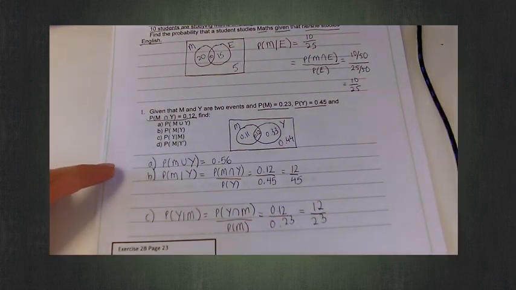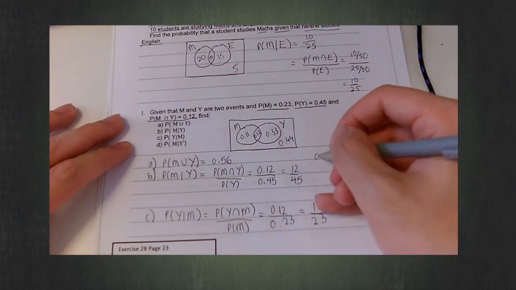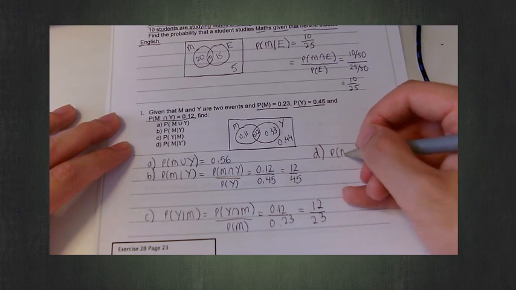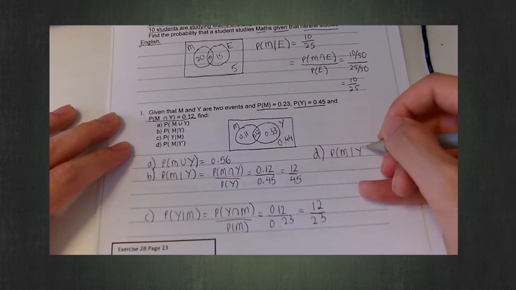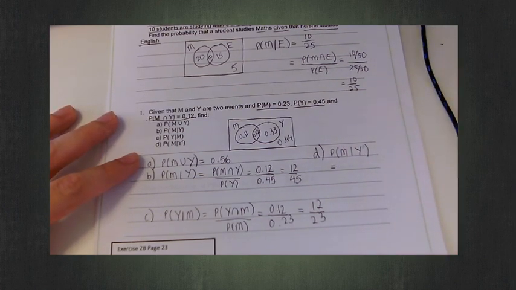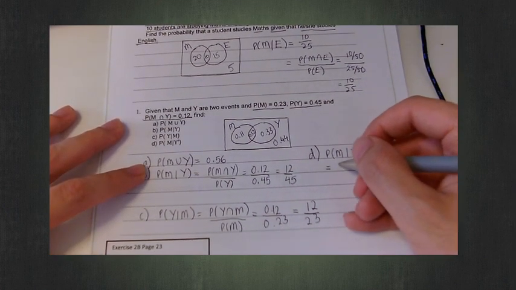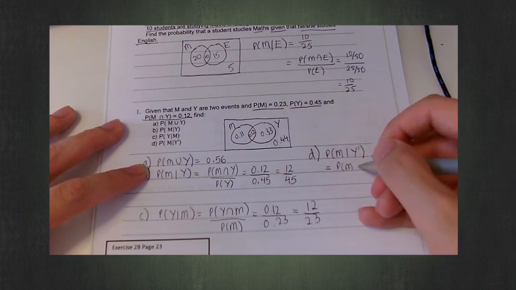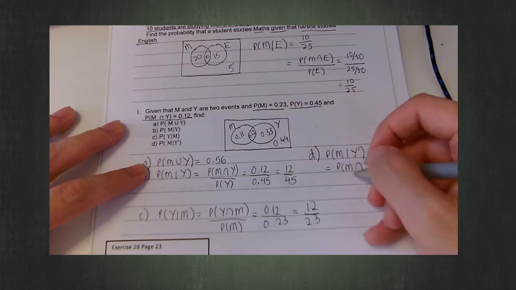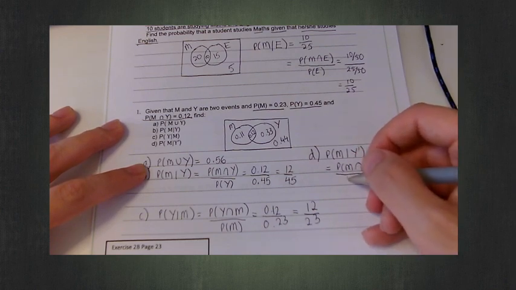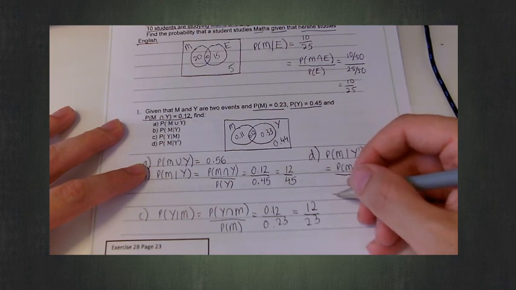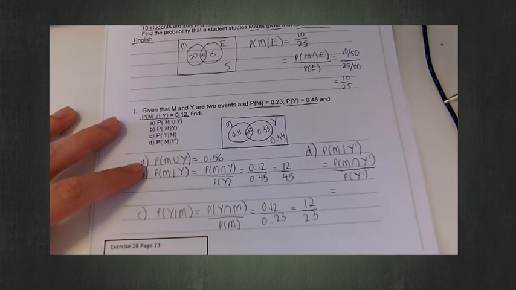Okay, so that's there. And then we've got the final question, which is D. What's the probability of M given Y did not occur? So what's the probability of M given not Y? Again, you can adapt the formula given to you. What's the probability of M and not Y over the probability of not Y? Right, now we've got to look at the knowledge from the previous video.